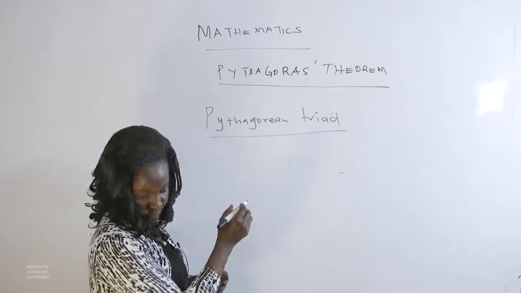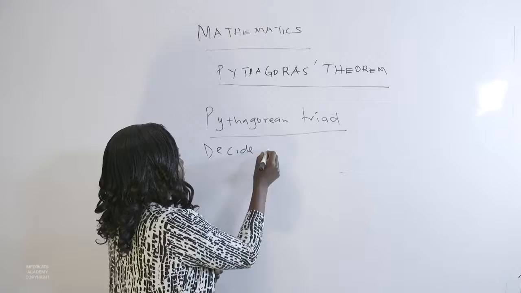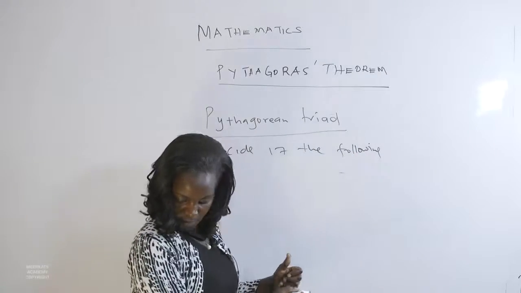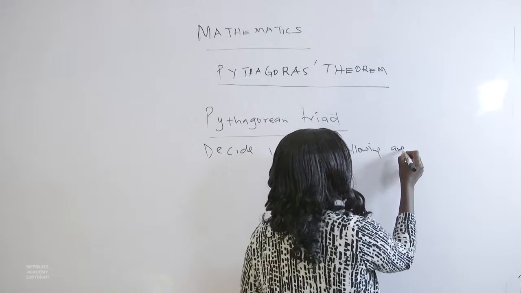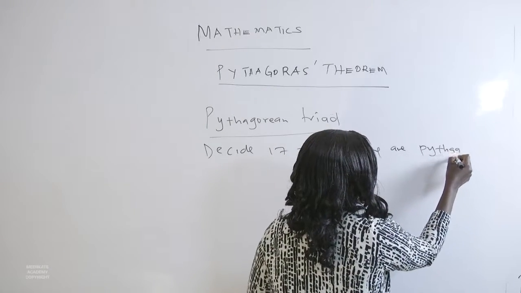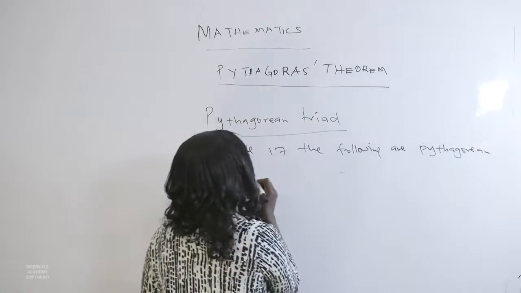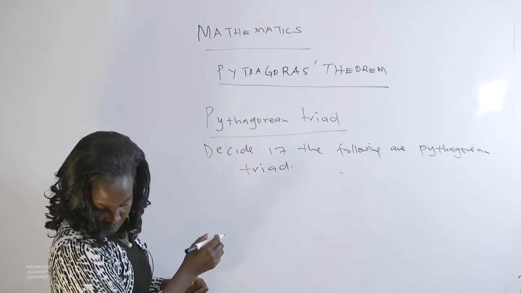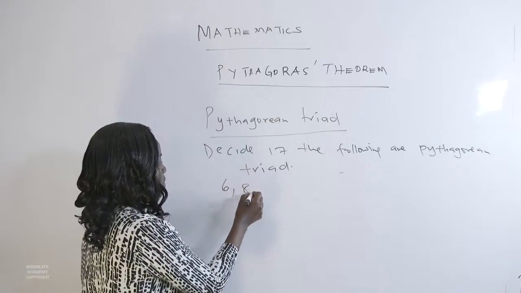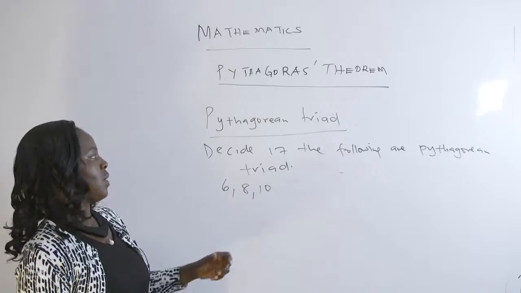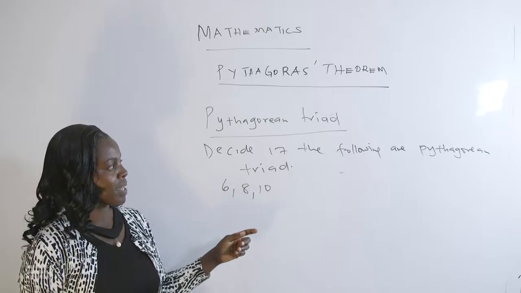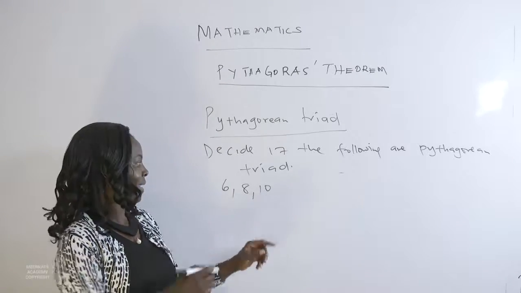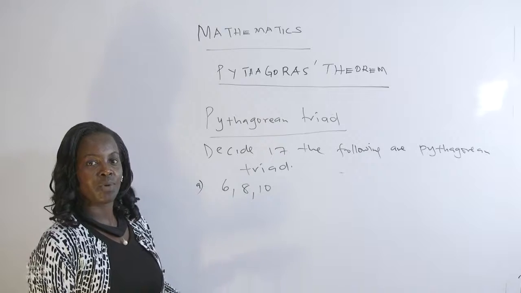For example, decide if the following are Pythagorean triad: 6, 8, 10. How do you go about it?